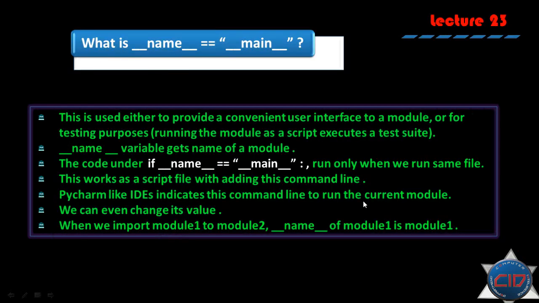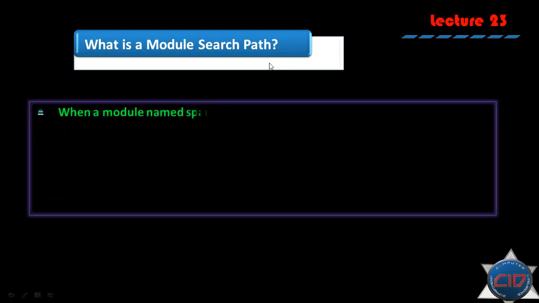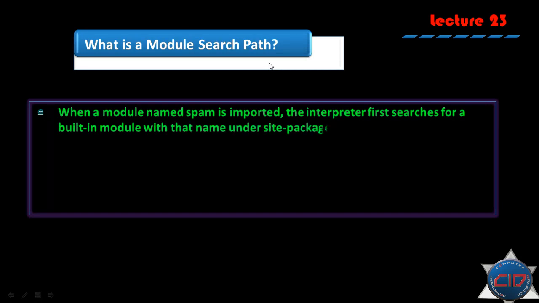Now let me go again and show you another thing. What is the module search path? That means when we import any module, what is the searching path? By default, when we import any module as spam, it will be searched inside the built-in modules and site packages.